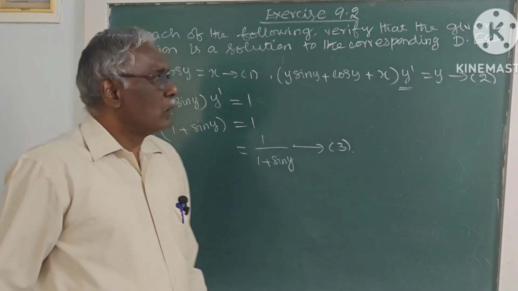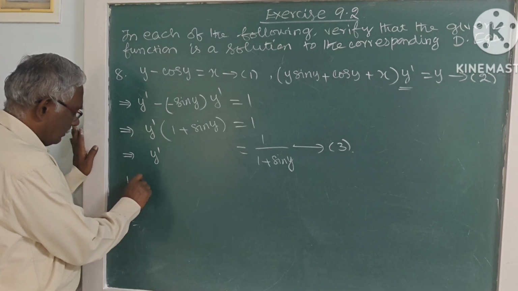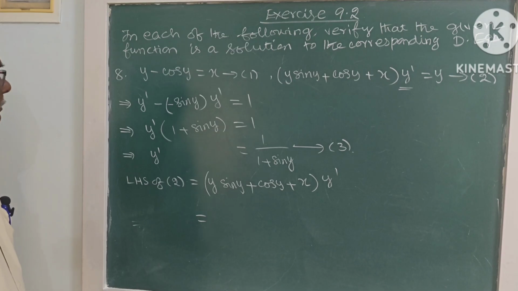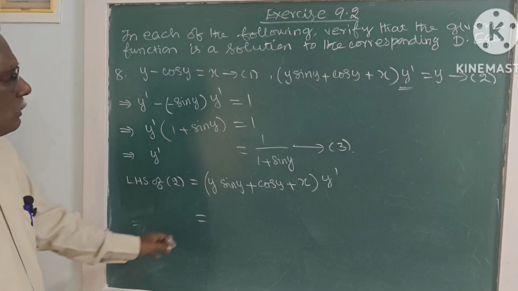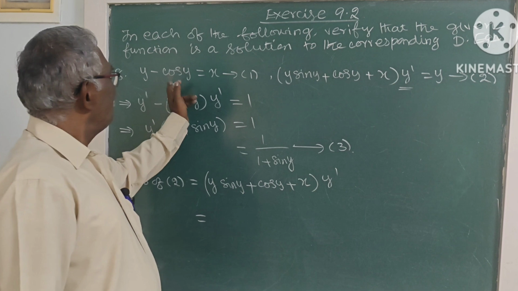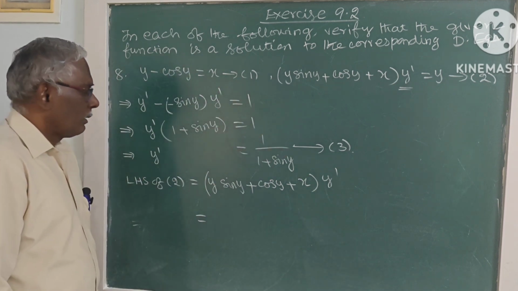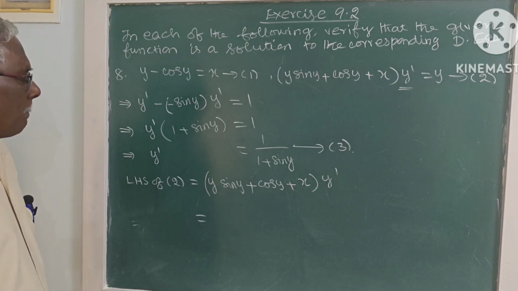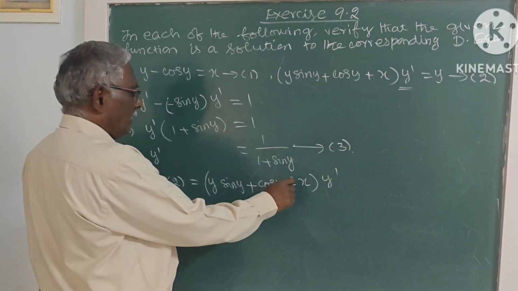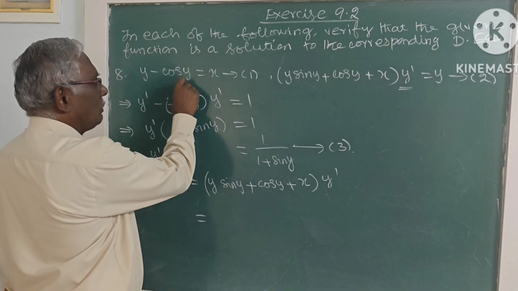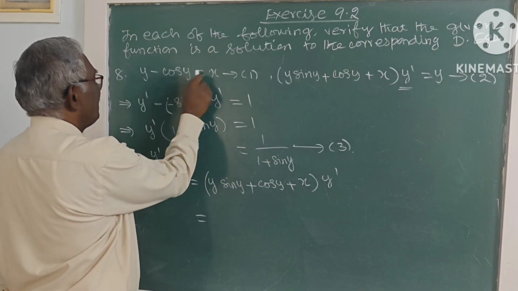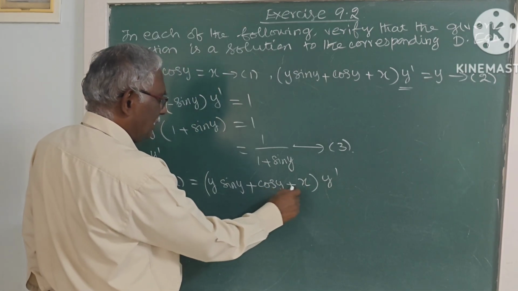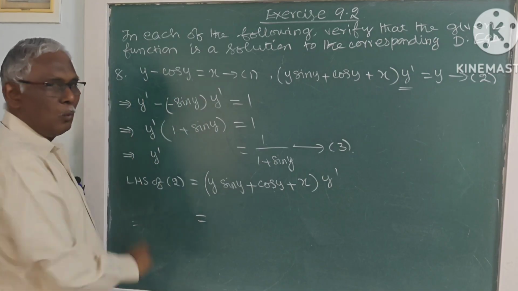Now take the left hand side of equation 2. x is not there in the right hand side of equation 2. Therefore, we have to replace x plus cos y in terms of y by using equation 1. y is equal to x plus cos y. Therefore, we can replace cos y plus x as y.